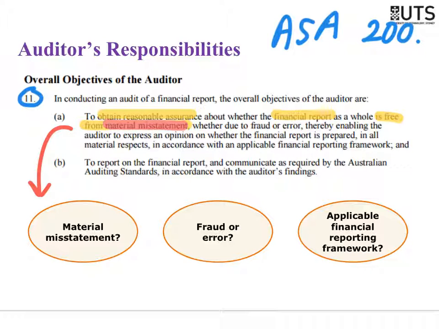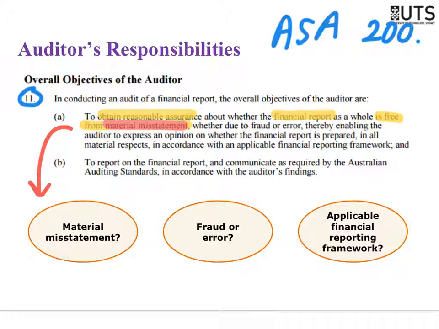Now, let me link it to the word misstatement, and I'll come back to nature. Material misstatement. A misstatement is either, and you've got to be careful here, the information is wrong or the information is missing. Please be mindful of that.